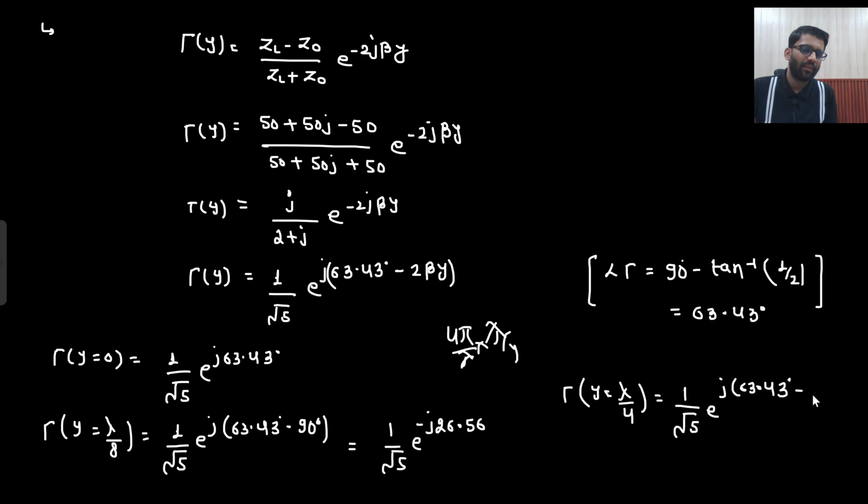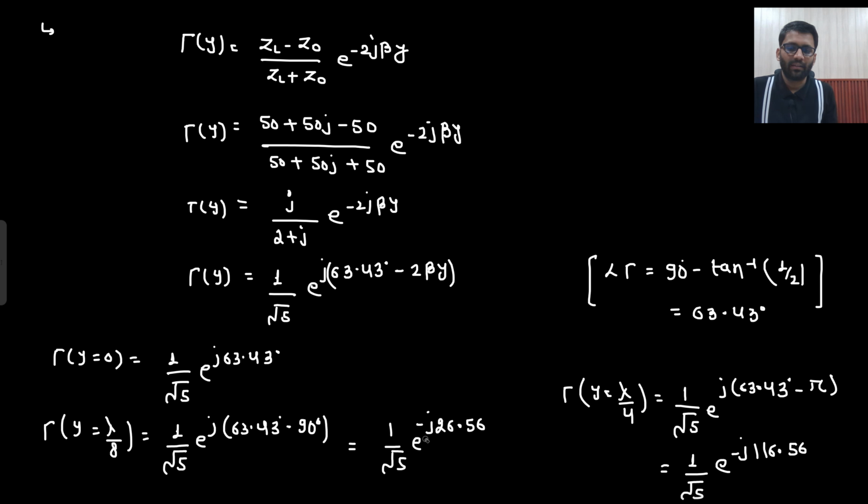So angle will be minus pi. Here pi by 2 was being subtracted, so here another pi by 2 will be subtracted. So from this minus 90 will be subtracted. So minus 26.56 minus 90. What that would be? It would be minus 116.56. Okay.